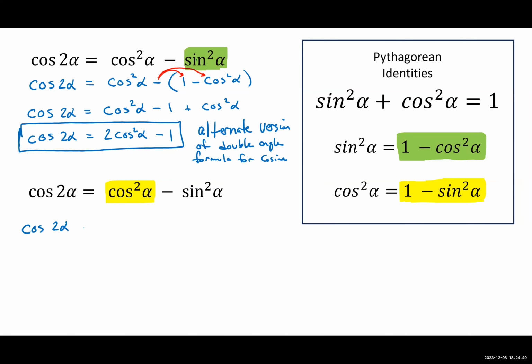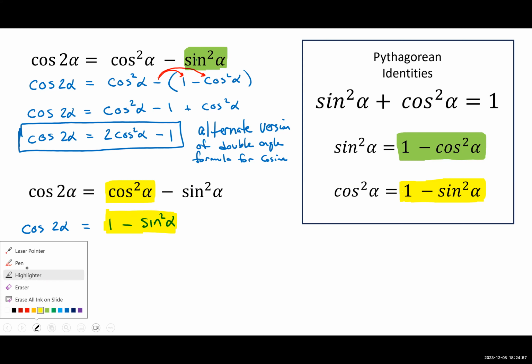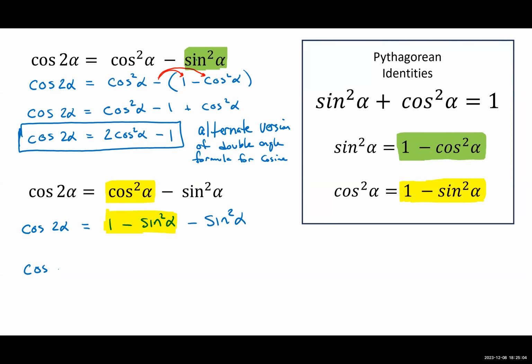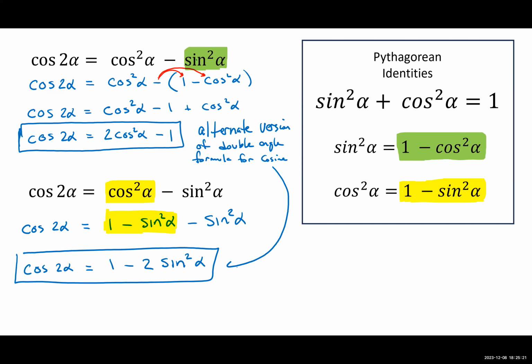So cosine of 2 alpha is equal to 1 minus sine squared of alpha, that's the yellow part, and there's minus another sine squared of alpha. So we get the cosine of 2 alpha is equal to 1 minus 2 sine squared of alpha. And that is another alternate. So we've got 2 alternate versions of the double angle formula for cosine.